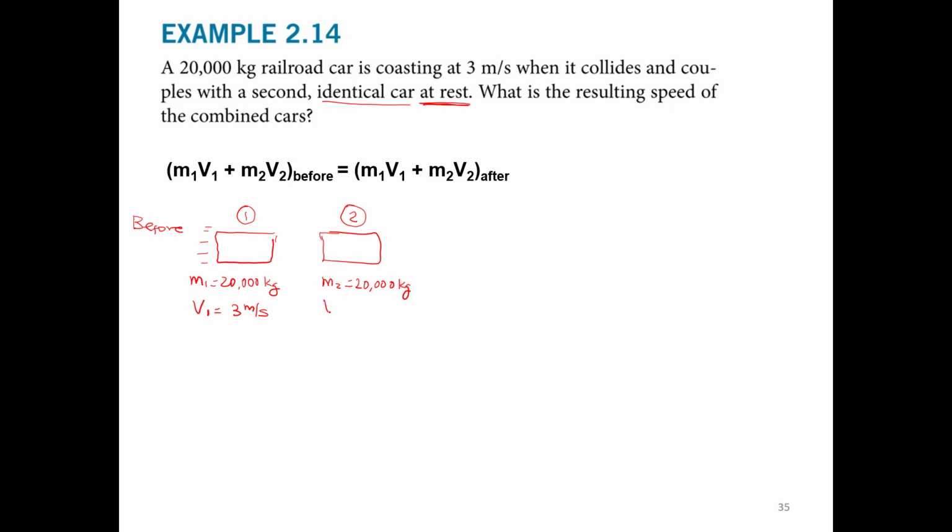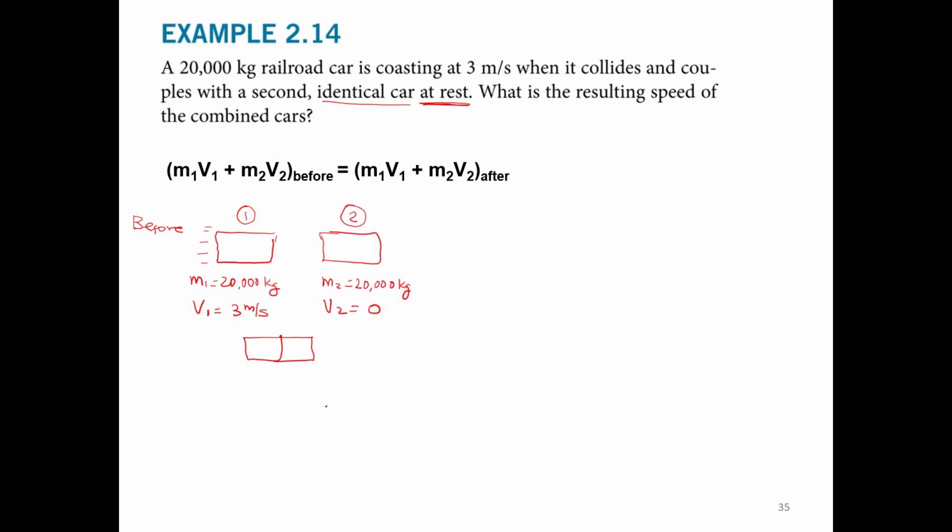Then this velocity equals 0. And then the collision occurred, as this collides. And now what happened is, after the collision, the cars move together.